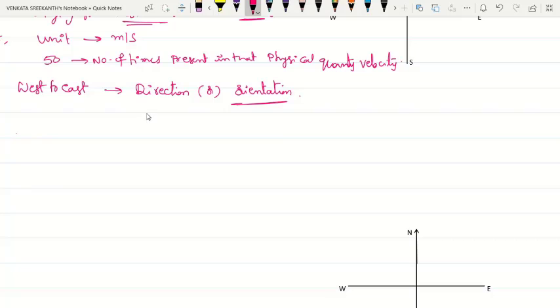Now, one more point, that is the tensor quantity. All of you concentrate on the tensor quantity. What is a tensor quantity?